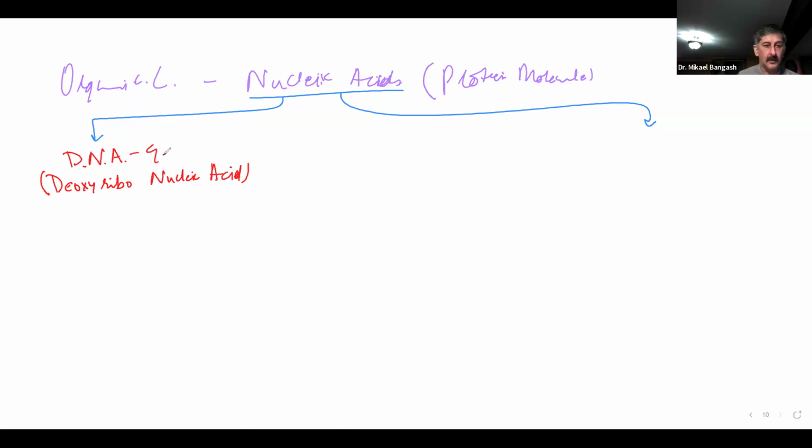And this is what forms the genes. The other kind of nucleic acid has the abbreviation NA, which stands for nucleic acid, and the R stands for ribo.